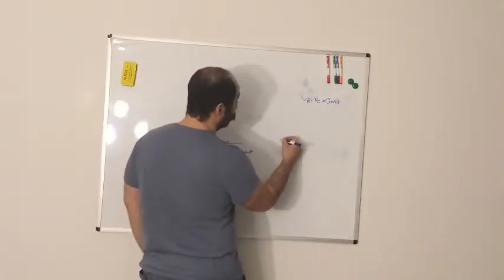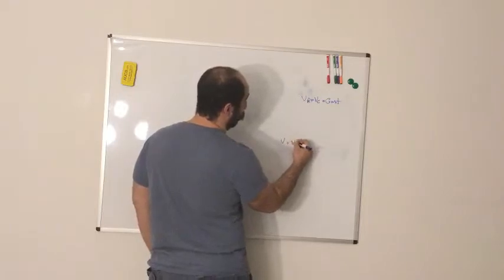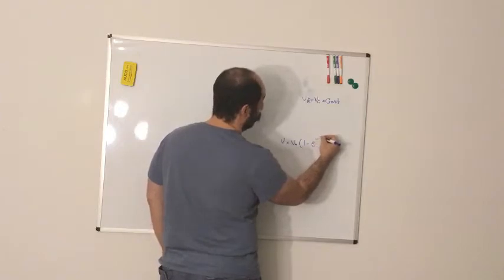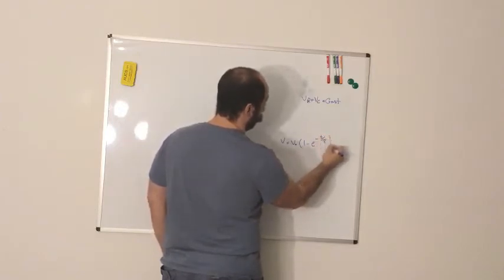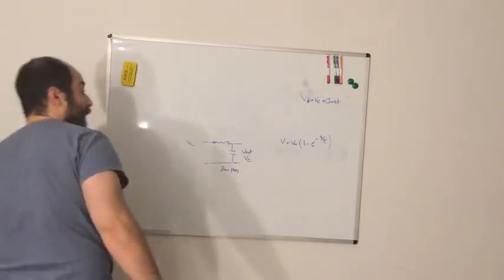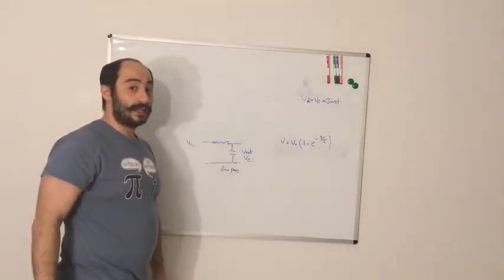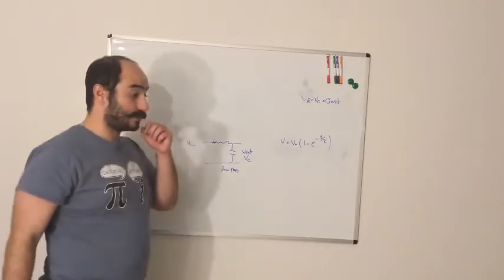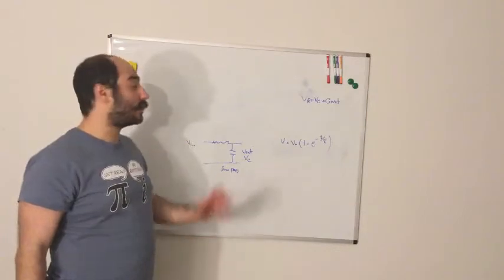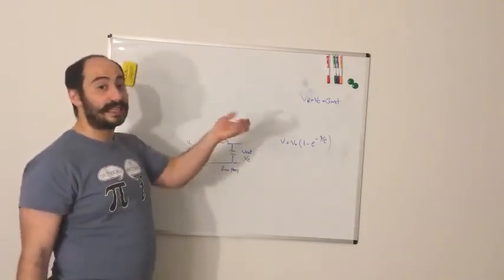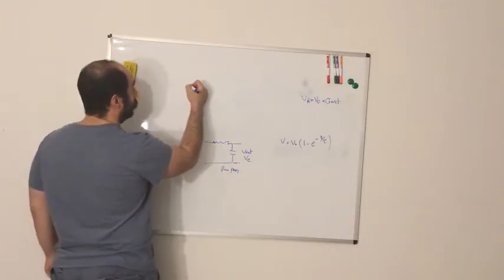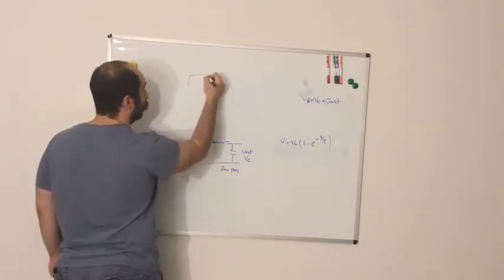We know that the voltage when it's charging is V equals V naught times 1 minus e to the power of minus t over tau. When you have an alternating current, what would be the range of the t that you can have? I'm going to show the square signal again because it's easier to talk about.